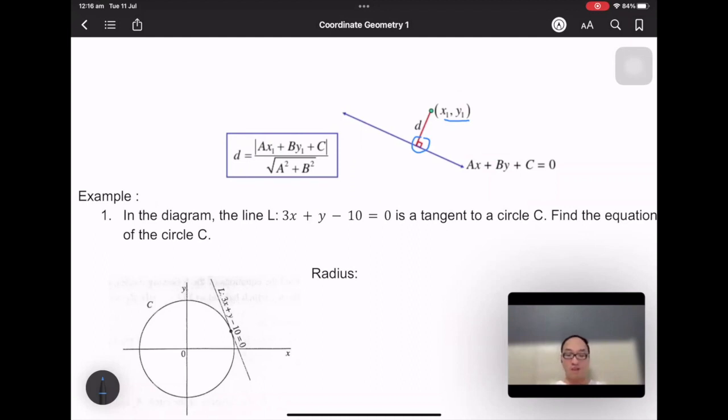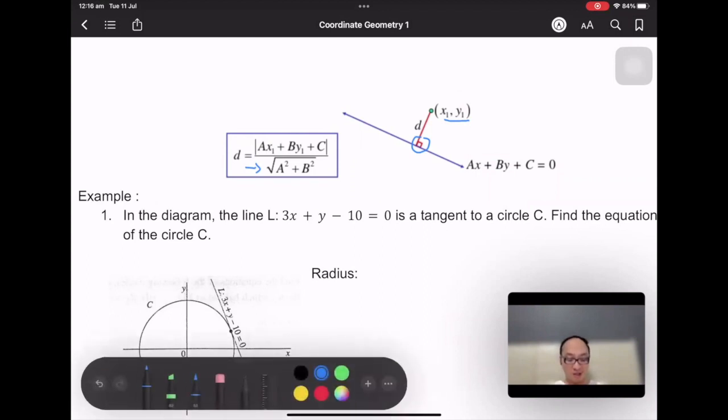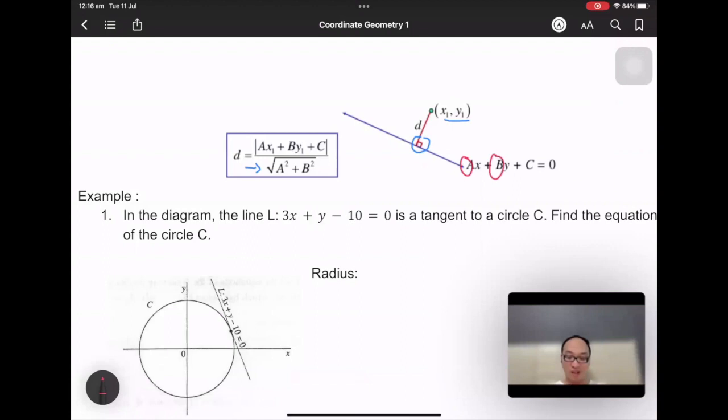So you can put into the formula. So ax plus by plus c over square root of a square plus b square, the Pythagoras of the coefficients of the line equation. And then replace x and y with the coordinates that you want to find the distance from the line.